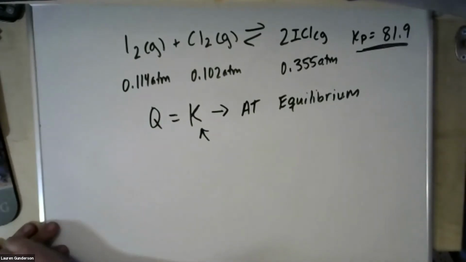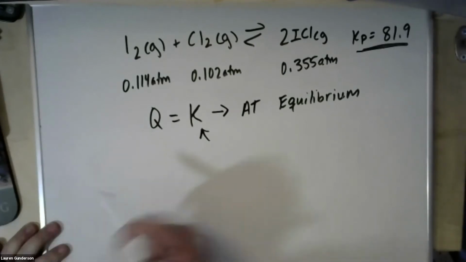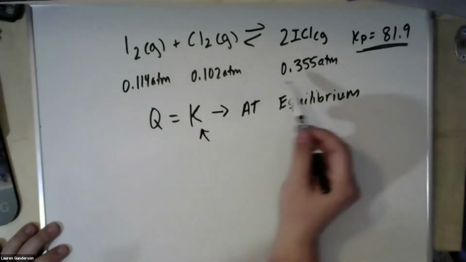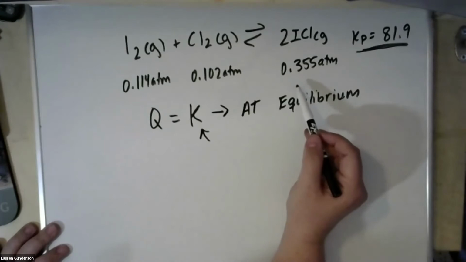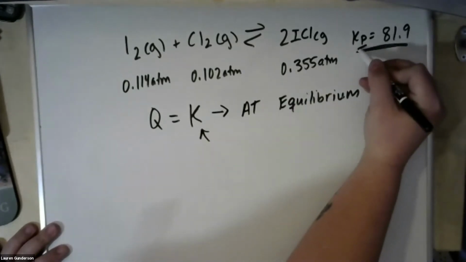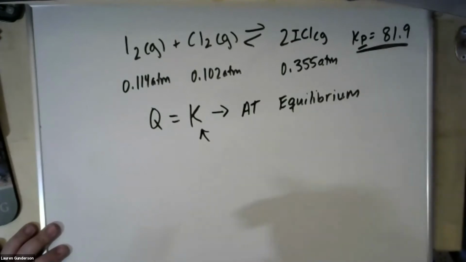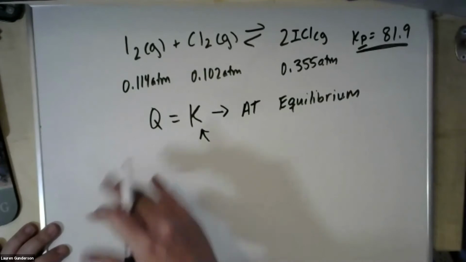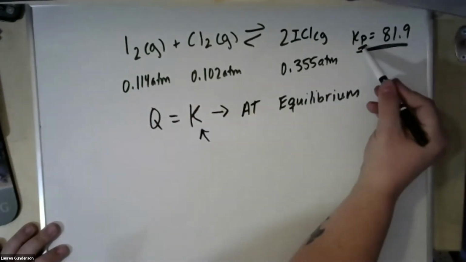All right. Another thing that I want to mention, since I think it's the first time we've seen it in this series of questions, is that we're given pressures to use. When we're given pressure values, we're looking at the Kp expression as opposed to the Kc expression. When we're looking at pressures, we have Kp.